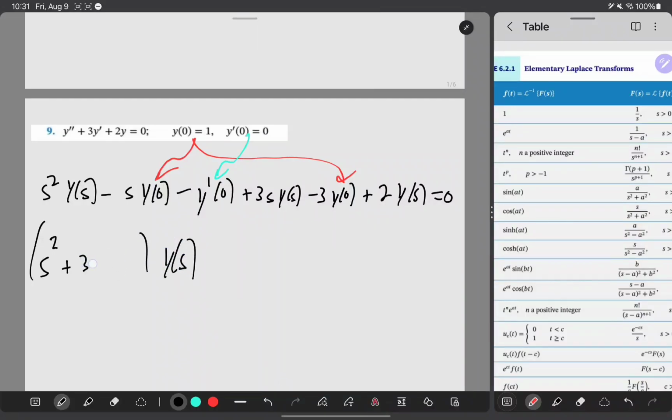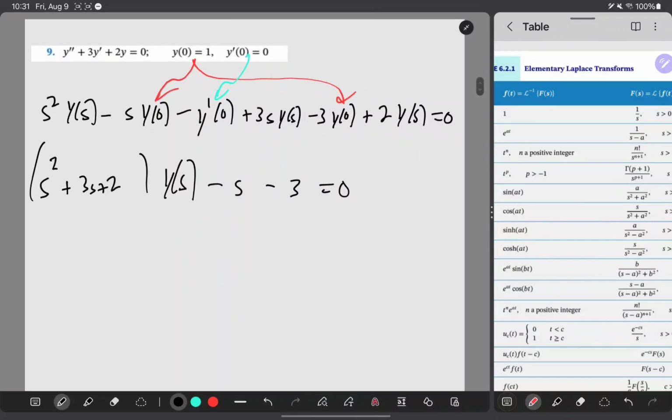I prefer to write it this way. Minus s minus 0 minus 3, plus, that's it.